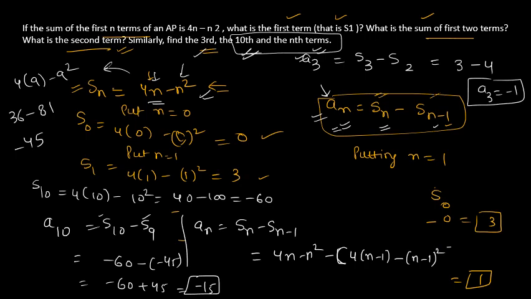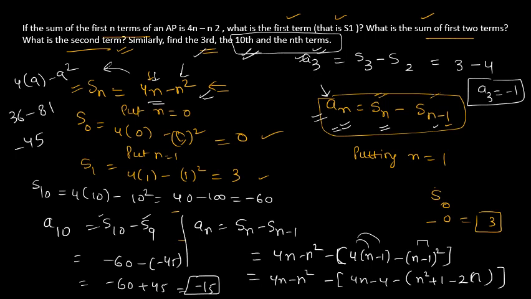Now open this. 4n minus 4 times 1 is 4, minus here you can apply a minus b whole square, so a square plus b square minus 2ab, correct? You know how to apply this? So 2ab, which will be 2n, correct?